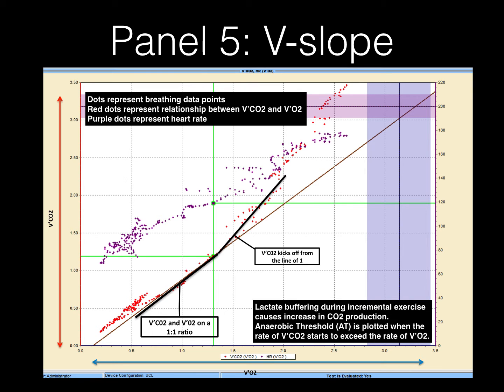Therefore, in this graph, we can see that the VO2 and the VCO2 plot deviates from the line towards CO2, showing extra CO2 is being made. This is one of the main ways that we can diagnose when the ventilatory anaerobic threshold or lactate threshold is. It's where the VCO2 VO2 plot kicks off from the line of 1.